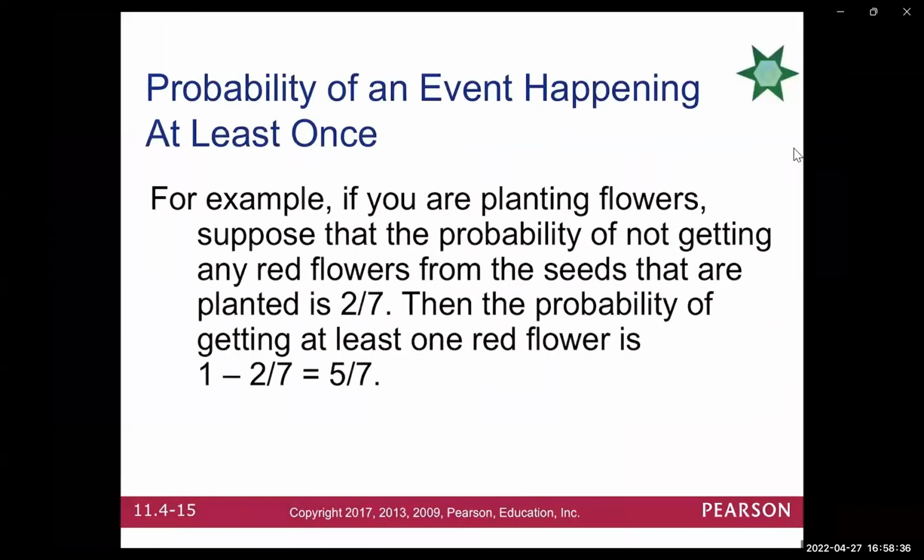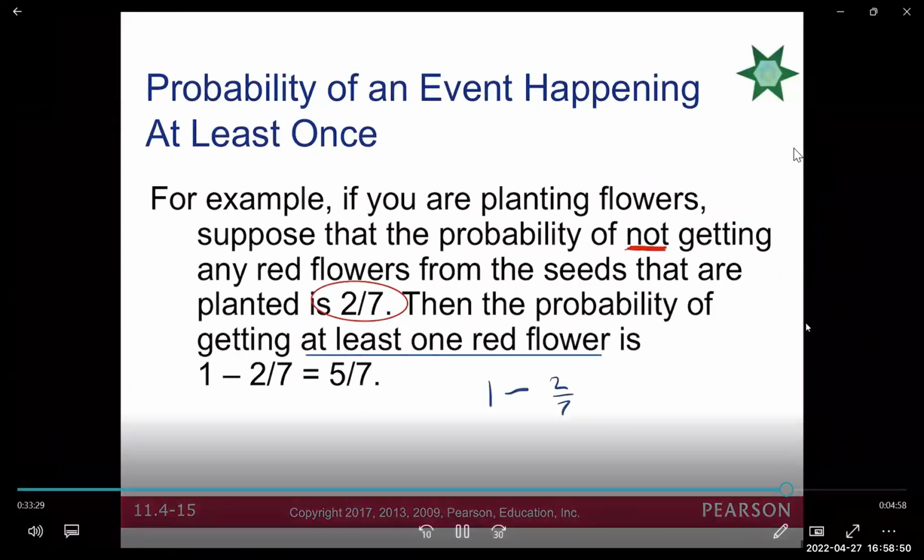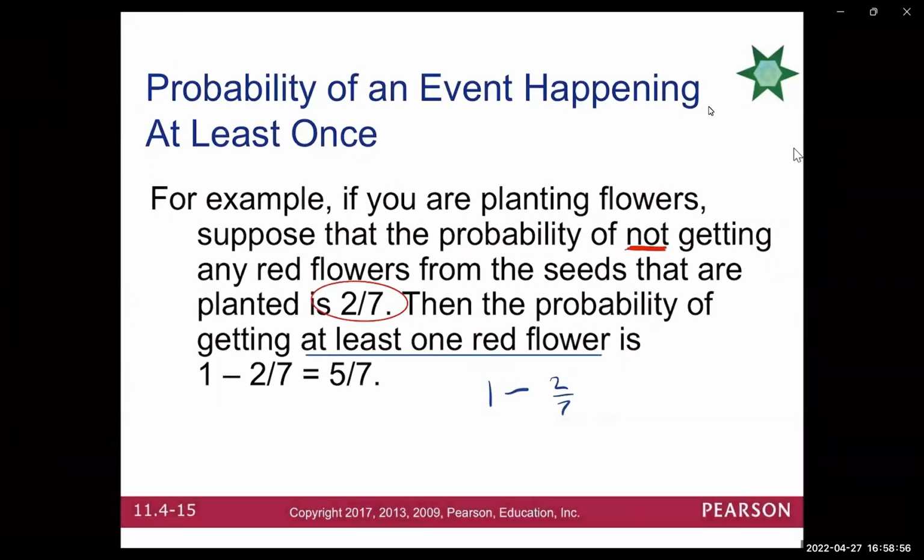Another way to write 1 is 7 over 7, so that you can subtract easier. So 7 take away 2 is 5, 5 over 7. And that's exactly the answer that they got. So that's how it works.